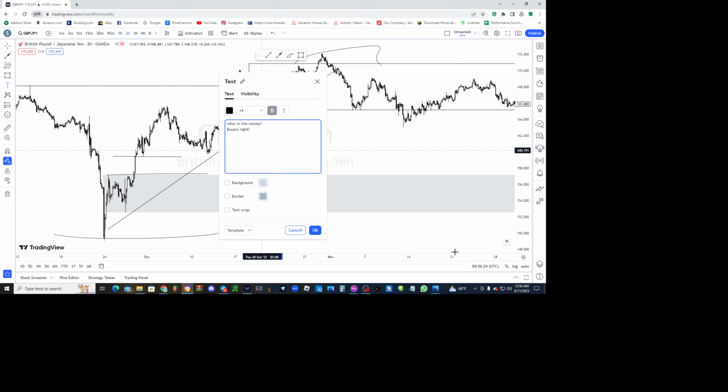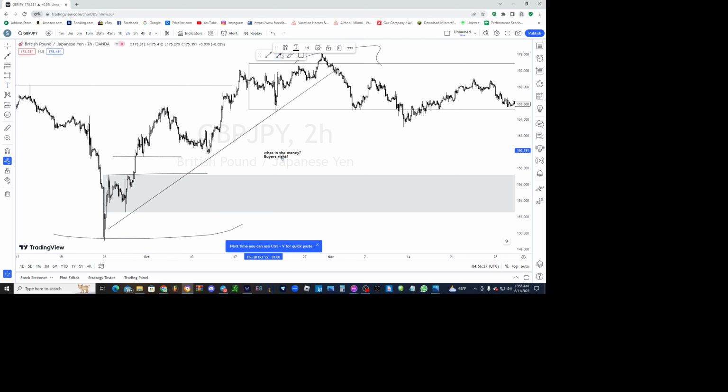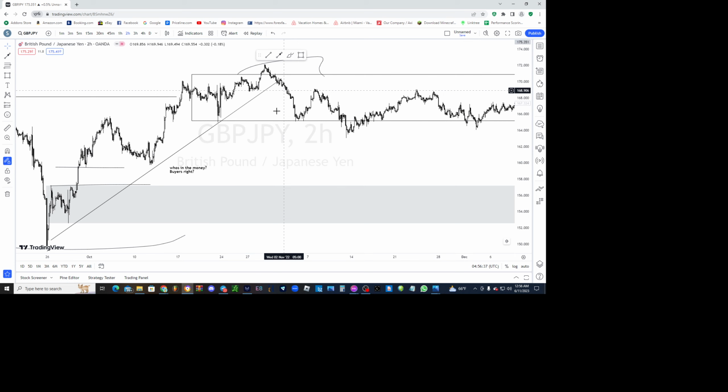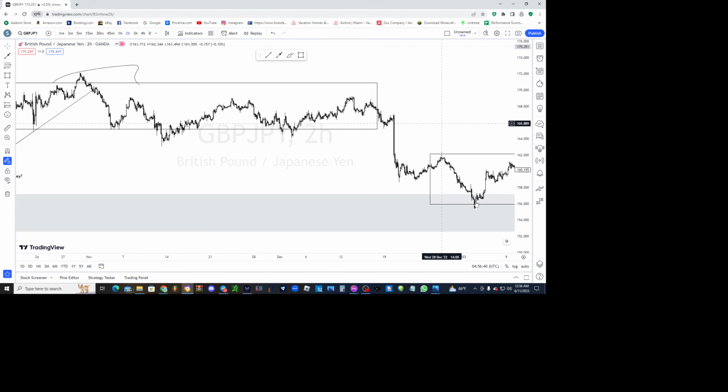Who's in the money? Buyers, right? They're in the money. They're in profit right now. If you bought down here, you're in the money right now. Dumb traders who haven't closed their positions, they're still in the money. Price is coiling, consolidates, comes down to take them out.